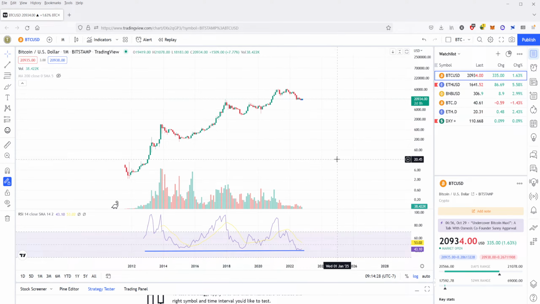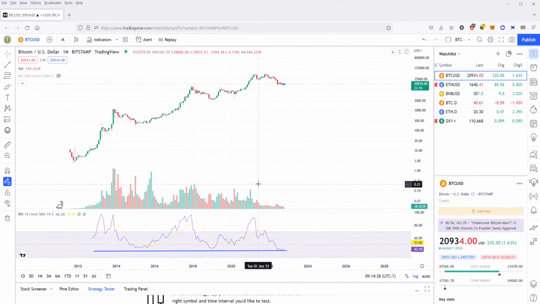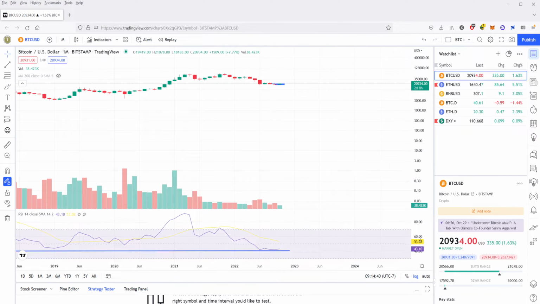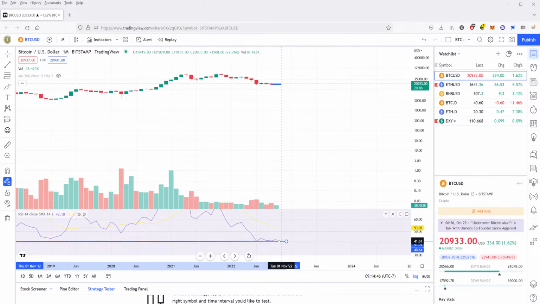Now, consequently, if we take a look at support for Bitcoin on the monthly, and you look at support for the RSI, you'll also notice that Bitcoin has never been more oversold than it is right now, because it's at about 43 on the monthly. If we zoom in a little bit, we can see that it's just barely off that level at about 42, 41.